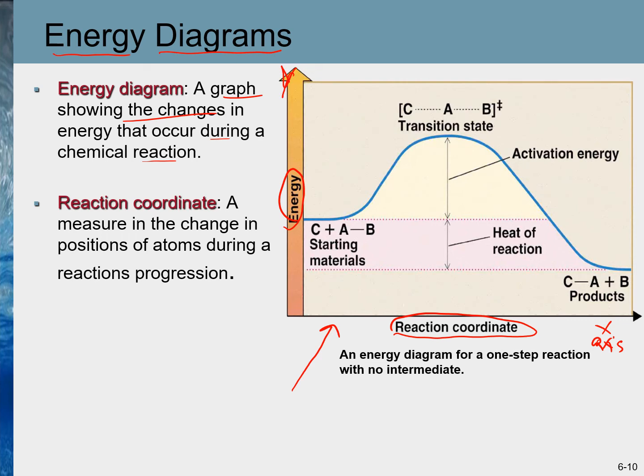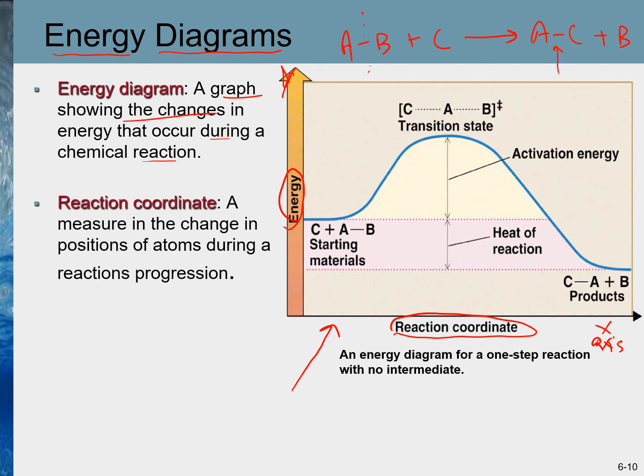This energy diagram represents a chemical reaction between the reactants A-B and the other reactant C, and the products are AC and B. So in other words, the bond between A and B breaks and a new bond between A and C is created.